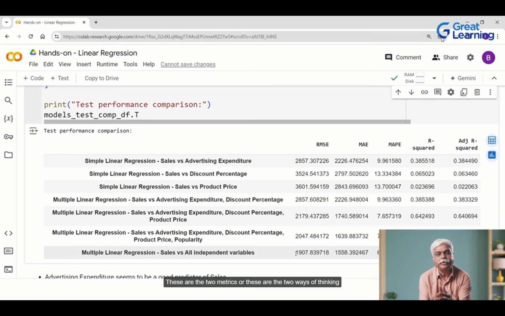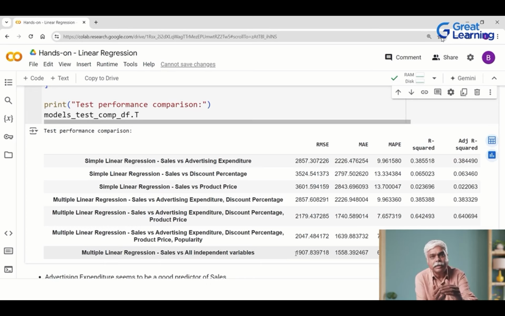These are the two ways of thinking that people use in machine learning. And let me reiterate that as we come to the end of this. Number one, good performance on the test set. Number two, performance on the test set that is close to performance on the training set. Good performance on the test set means the model is predicting well.